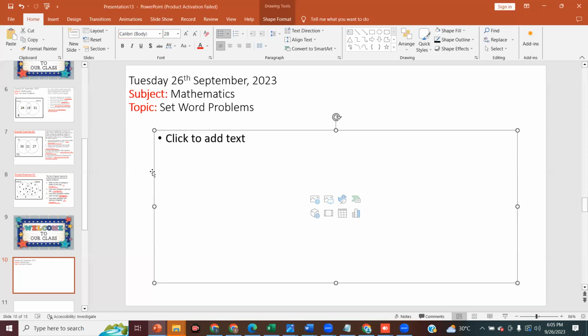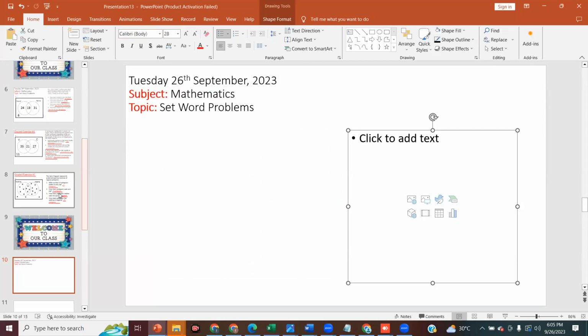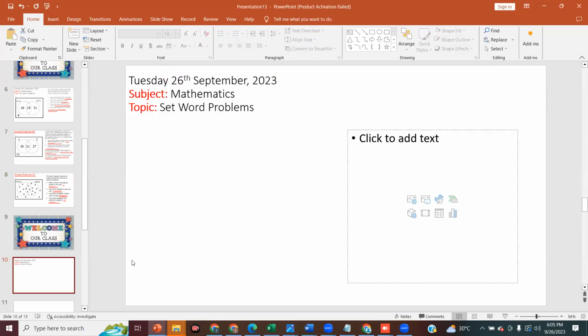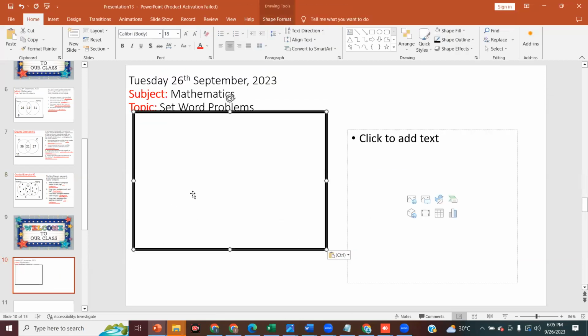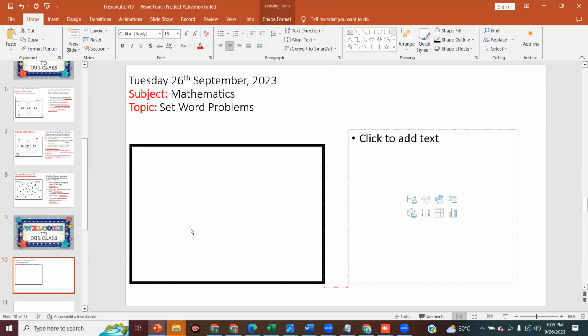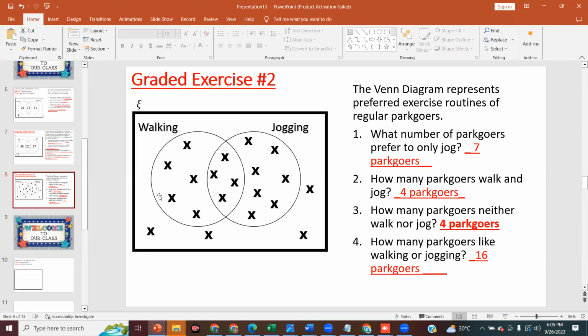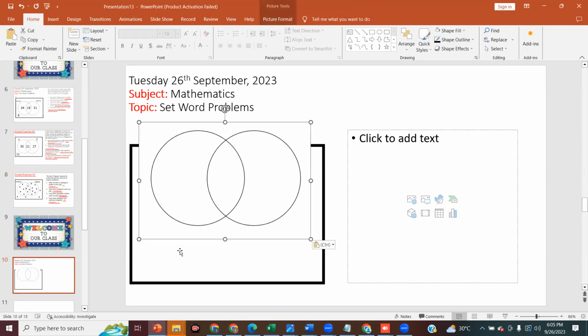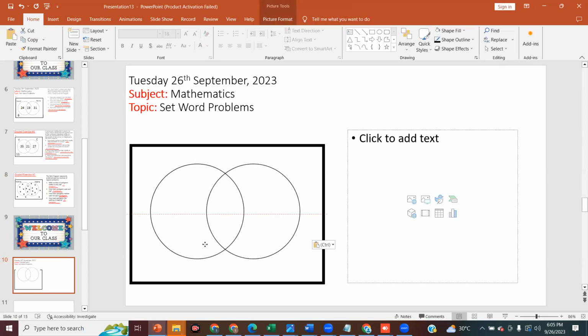With these questions, number one, you definitely want to use your ruler to make sure that you draw the diagram properly. Use a circular edge or something circular, whether it be a compass or something else, so that you can make sure you draw the circles properly.